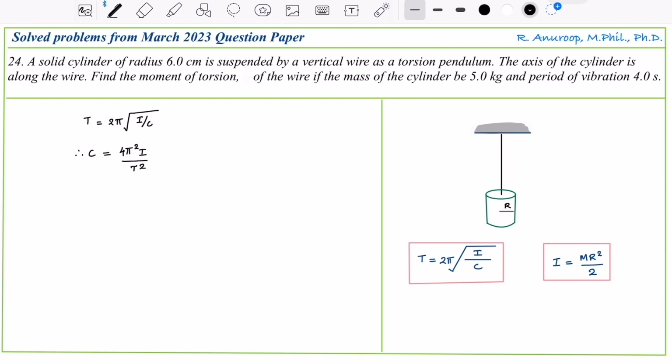Here C is the couple per unit twist of the wire.